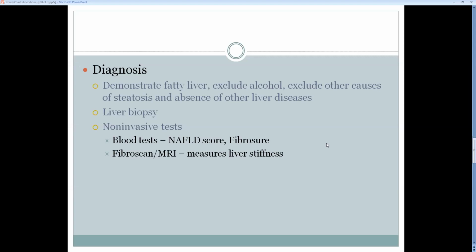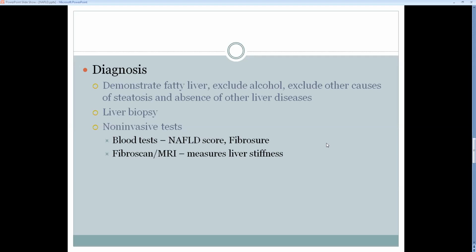There are also 2 additional imaging studies now that are available to assess if patients have more advanced disease. One is called FibroScan, and that is basically an ultrasound probe that shoots ultrasonic waves into the liver, and it measures how stiff the liver is.